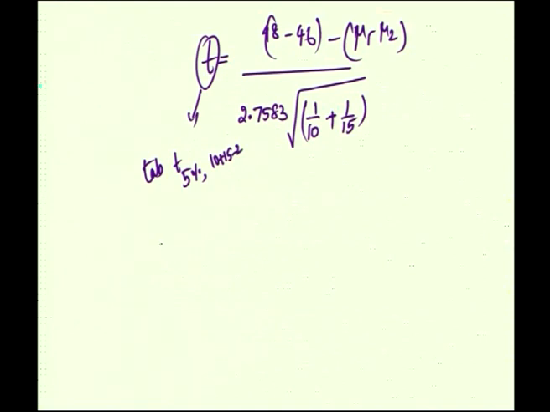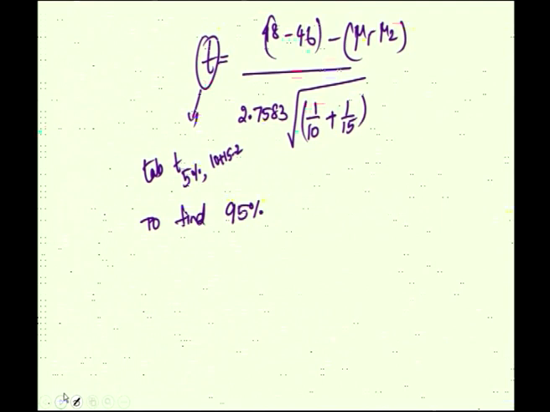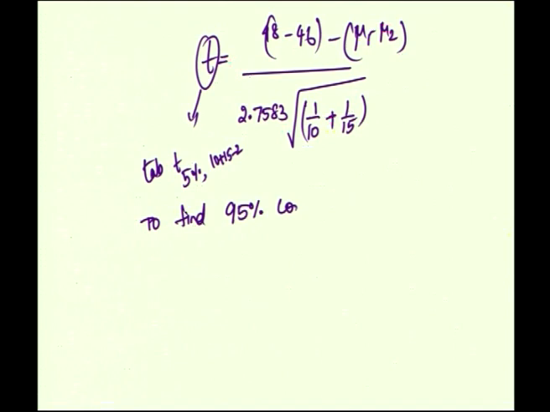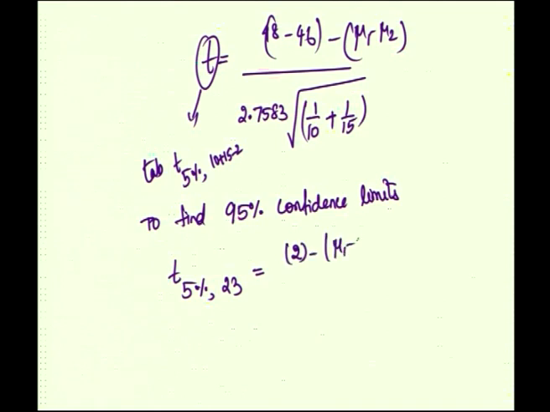Okay. So, writing it neatly, to find 95% confidence limits, t at 5 percent, comma, 23 degrees of freedom is taken. 48 minus 46 is 2, minus of mu 1 minus mu 2.